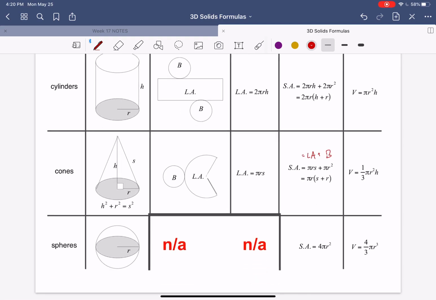The last one, the sphere, cannot have a net because it has no flat surfaces. It has no lateral area because it has no base. So no base equals no lateral area, but it does have surface area. And this was one of those weird things that it just works out beautifully, that the surface area of a sphere is 4 times pi radius squared.